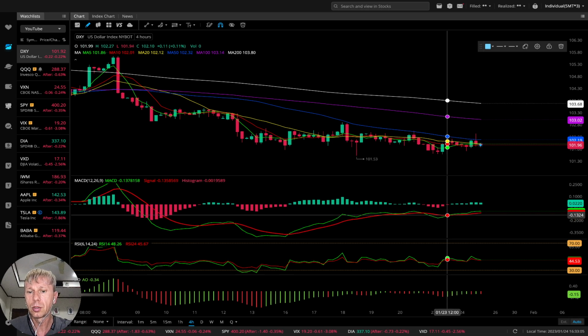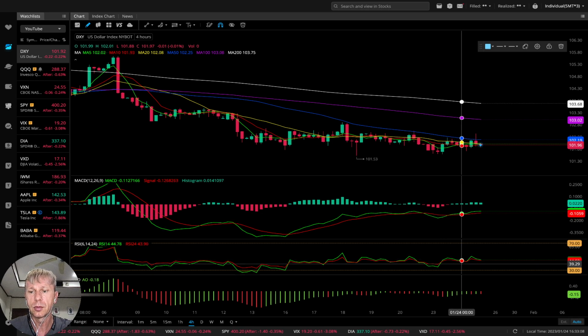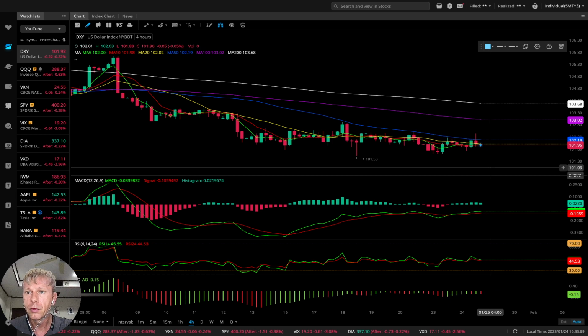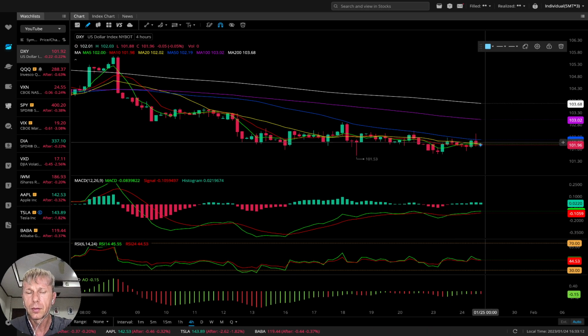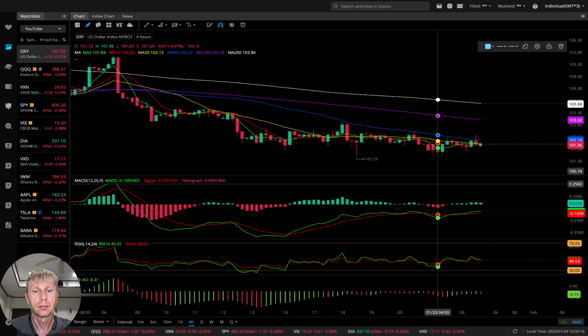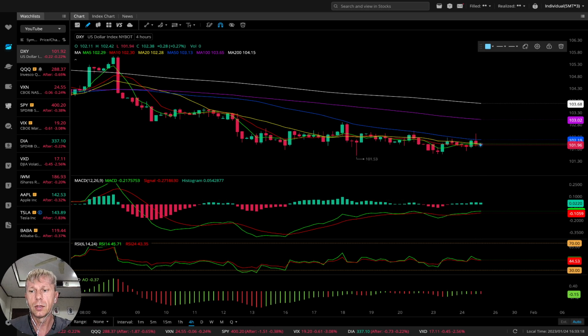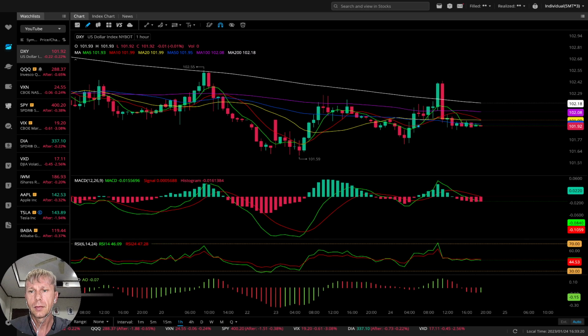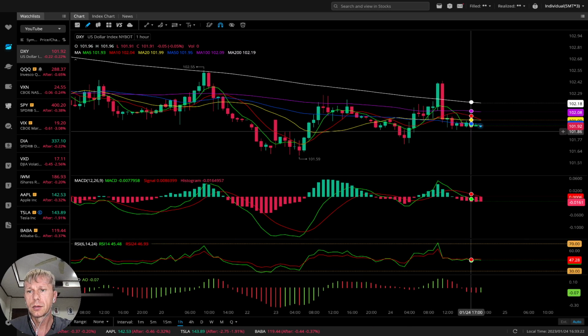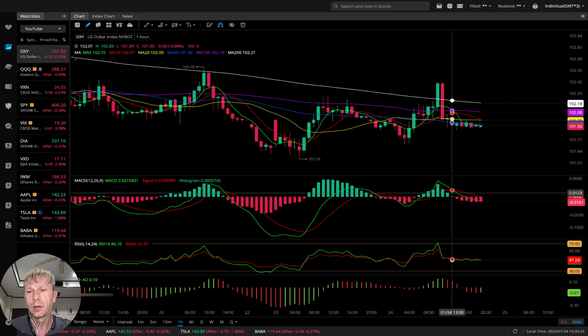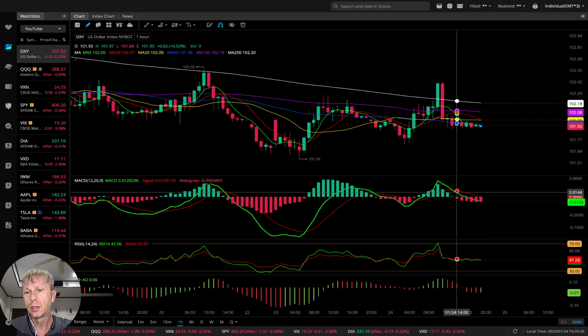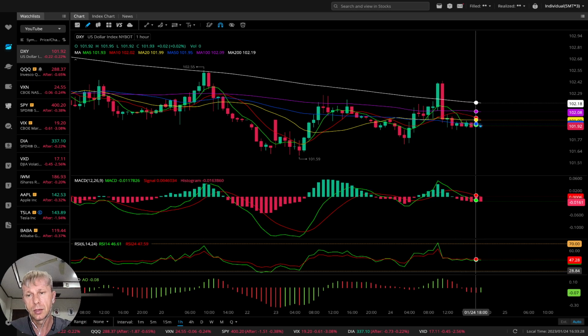MACD did a bullish crossover, RSI did a bullish crossover, awesome oscillator red. MA5 also did a bullish crossover. It's a bullish trend, right? Let's check 1 hour. On 1 hour it's bearish, right? Bearish on MACD, bearish on RSI, and the oscillator is green, bullish.